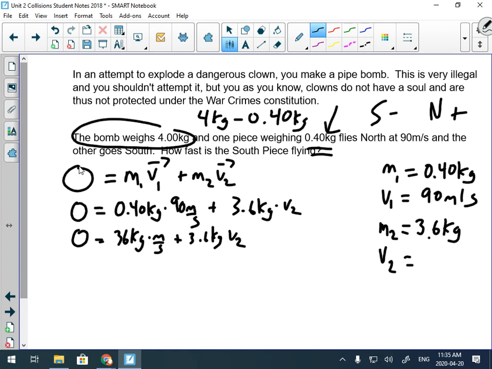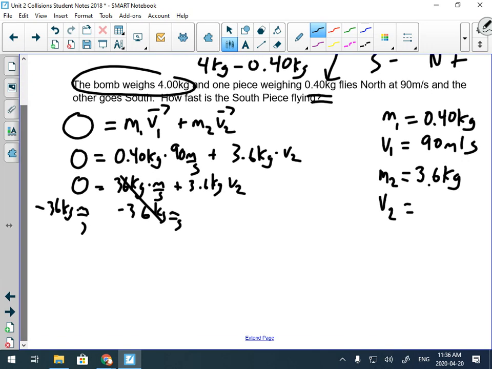Okay, so we have to get rid of this 36. I'm going to subtract 36 kilograms meters per second from this side. It cancels. And I'm going to subtract 36 kilograms meters per second from that side. Okay, perfect. Give myself a little bit more room. I wind up with negative 36 kilograms meters per second is equal to 3.6 kilograms V2.